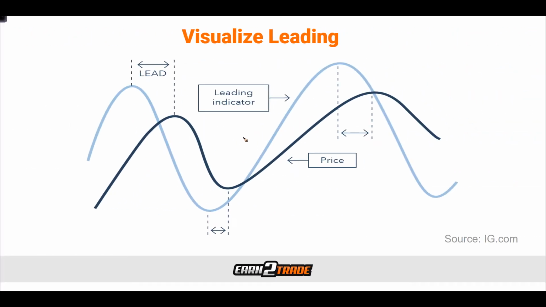Now we have a visualized leading page that I wanted to bring to you guys with an image here to show you just what a leading versus lagging indicator scenario would look like in relation to price, just to understand the concept here. So with a leading indicator, if we work on visualizing this, the lighter gray line is going to represent the indicator's read on price as regard to what price is going to do potentially.